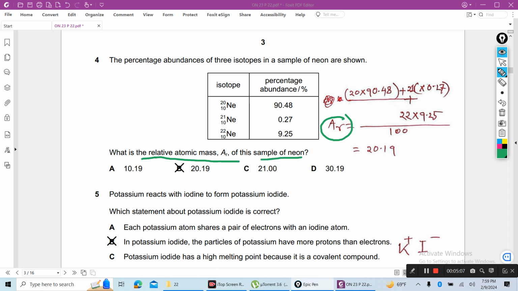Relative atomic mass is mass times percentage, plus mass times percentage, plus mass times percentage, divided by 100. Multiply all masses by their percentages, add the sum, then divide by 100, and you will get the relative atomic mass. So B is the correct answer.